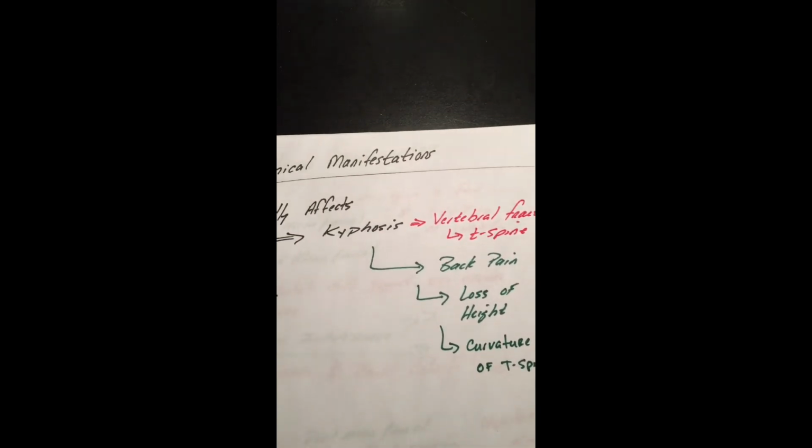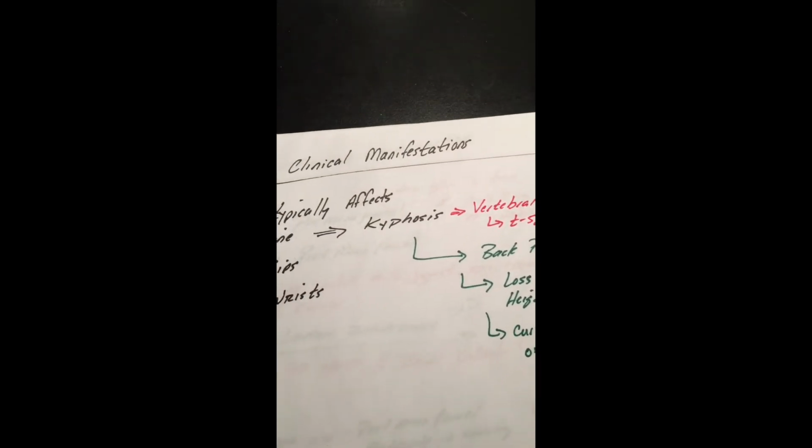Now, the other problem with kyphosis is that if you take a look at the images that I posted at the very beginning of the video, you'll find that there's a curvature of the spine. Because there is a curvature of the spine, especially in the thoracic region, that's going to make it very, very difficult for that patient to take deep breaths in, because you're losing some of that space for lung expansion.